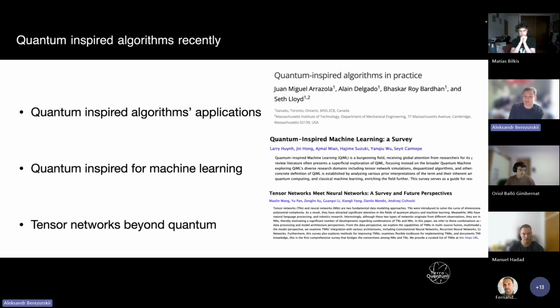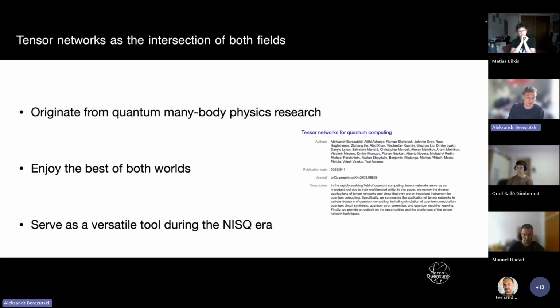For example, I stumbled upon these several nice reviews. Of course, they're all big, but just skimming them and seeing what people do will give you a nice overview of this area. And tensor networks here, in my opinion, are the best of both worlds. It's the intersection of the two, in a sense.